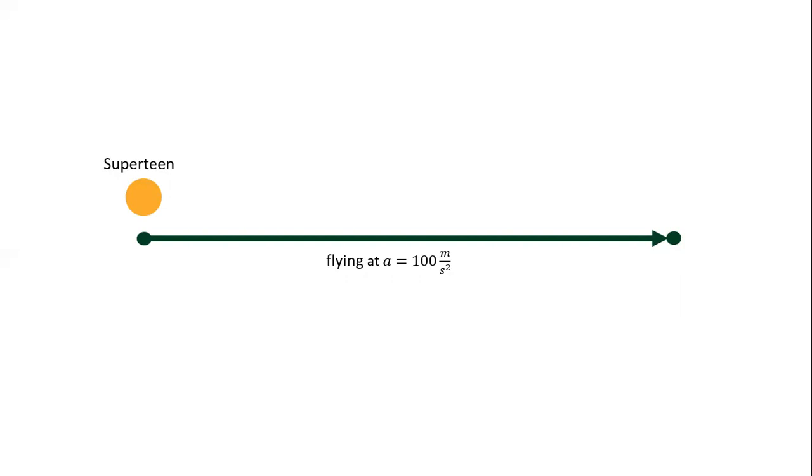Now, si super teen, he or she is starting from rest. That's why his initial velocity is 0. And then his or her top speed v is 100 meters per second. So the final velocity is 100 meters per second. That is his or her limit when it comes to flying speed.